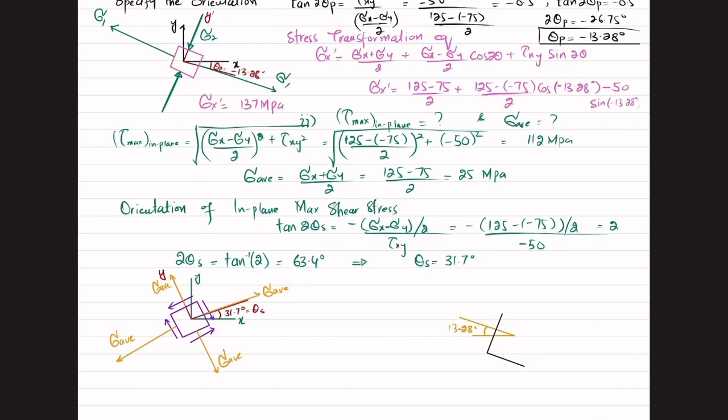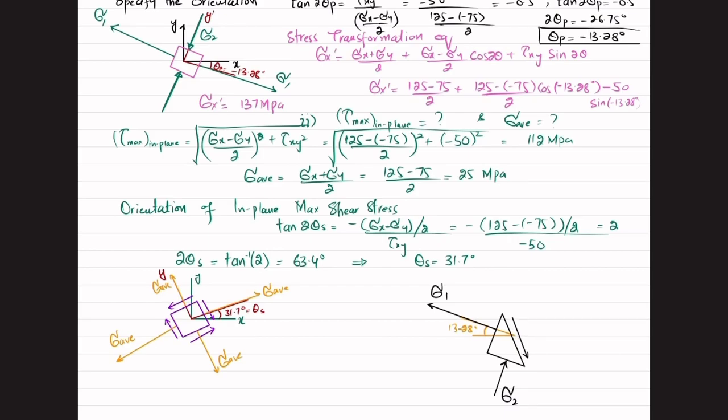So your principal stress sigma 1 will be in this direction. Clear? This is your sigma 1, and your sigma 2 will be this sigma 2, and your in-plane shear stress will be acting on this face.